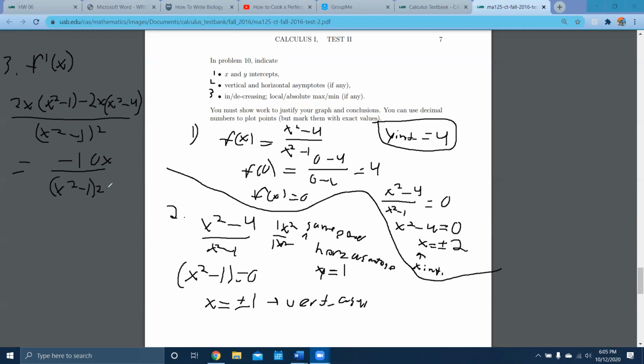Now, what you have to do is multiply it out, multiply that 2x out, everything. You end up getting 2x cubed minus 2x cubed plus 8x. Or my bad, minus 8x. Well, actually, hold up. Let me double check this. I did this a while back. So 2x cubed minus 2x minus 2x cubed.